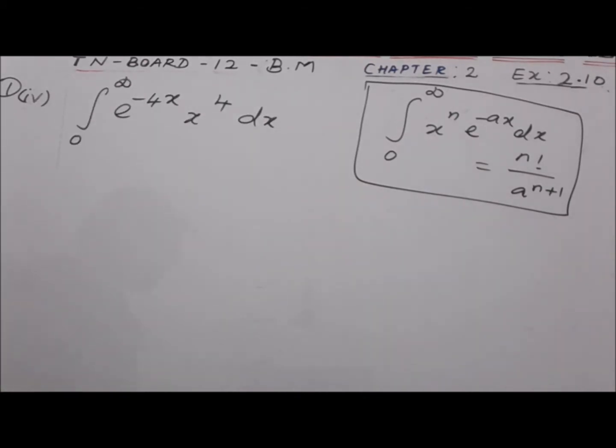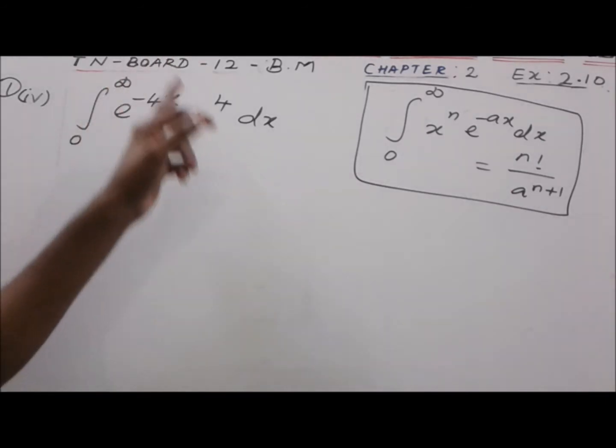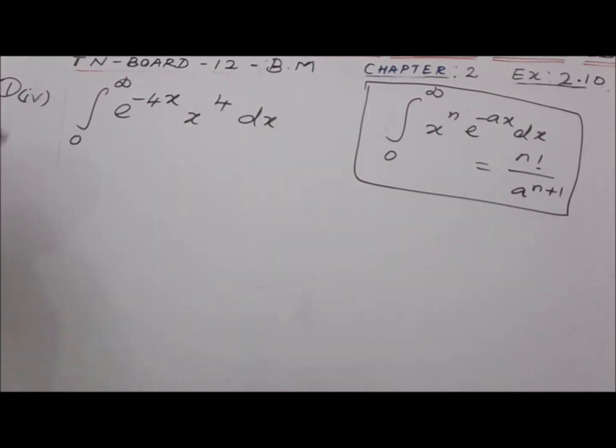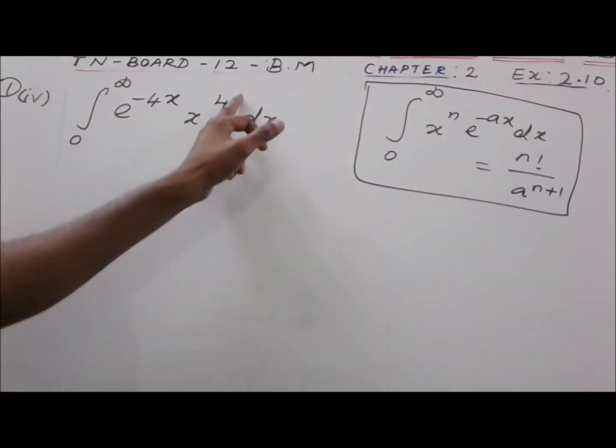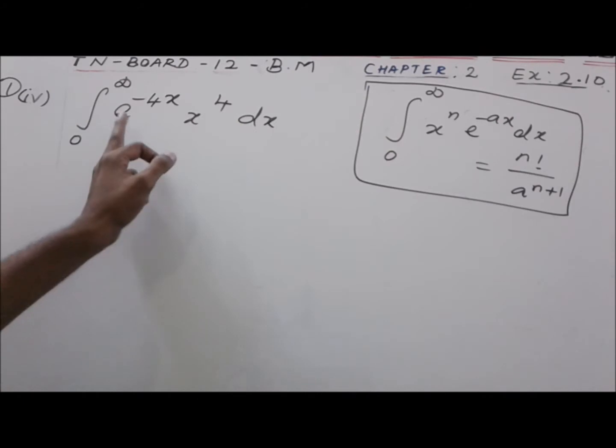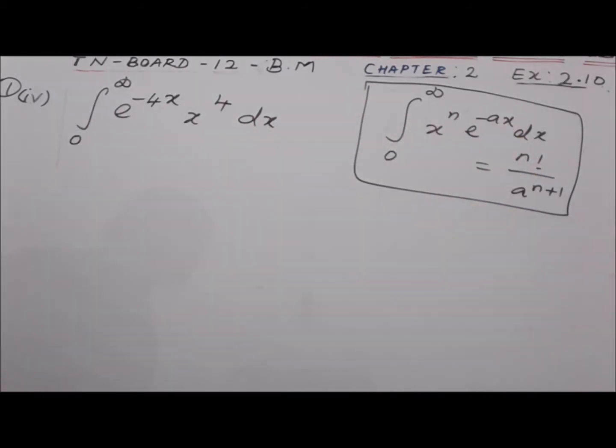Subdivision number 4, question number 1. Given integral 0 to infinity e power minus 4x and x power 4 dx. Here also we have the limit 0 to infinity and it is in the form of x power n e power minus ax dx.